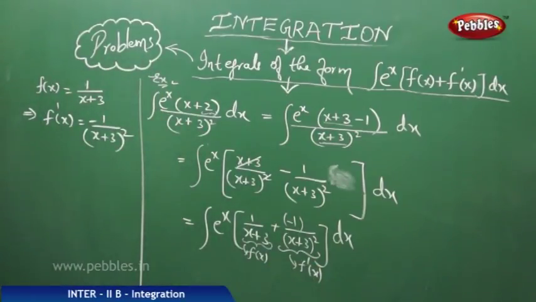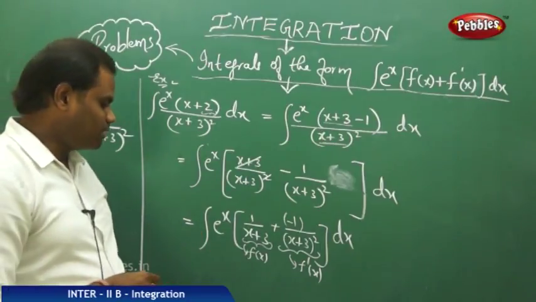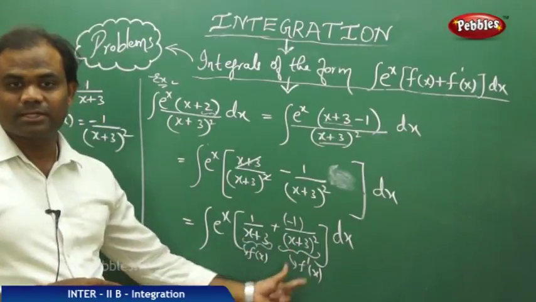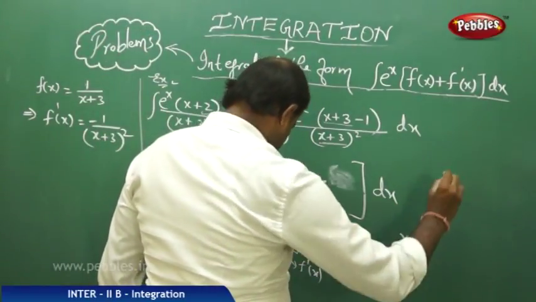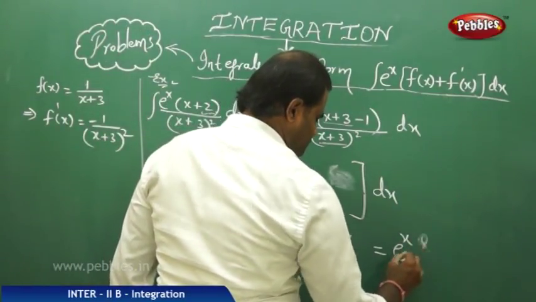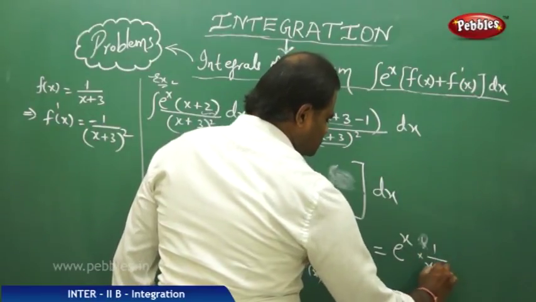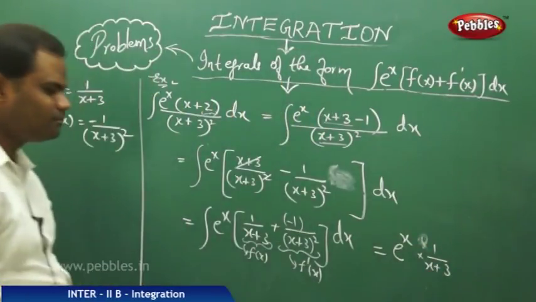Now clearly I observe that this is in the form of e power x times f of x plus f dash x, which is given by the formula e power x f of x plus c.